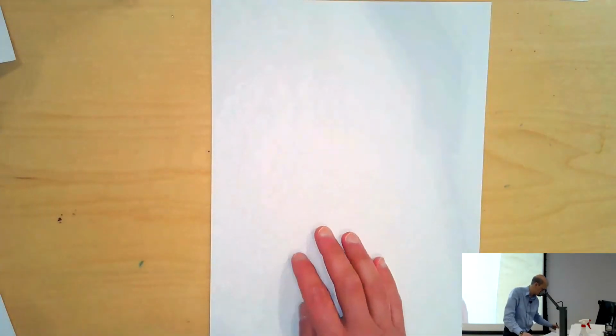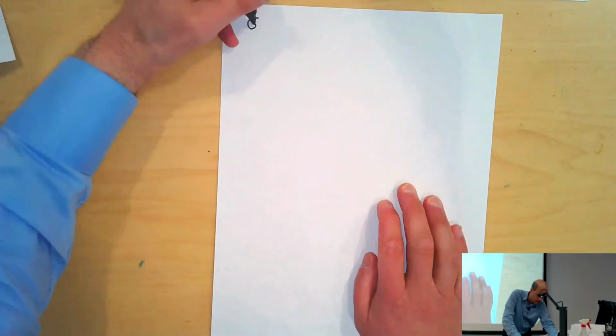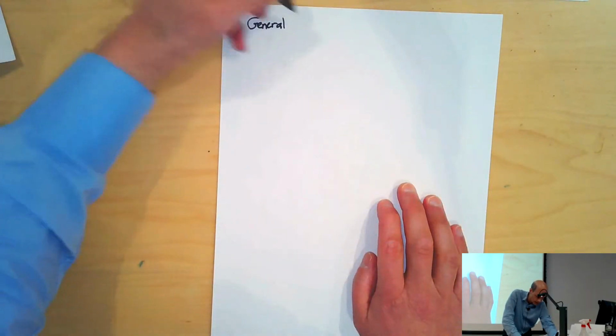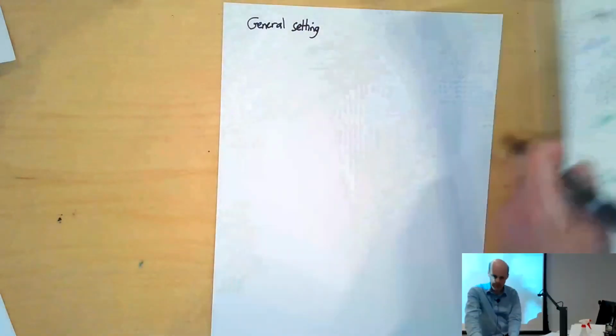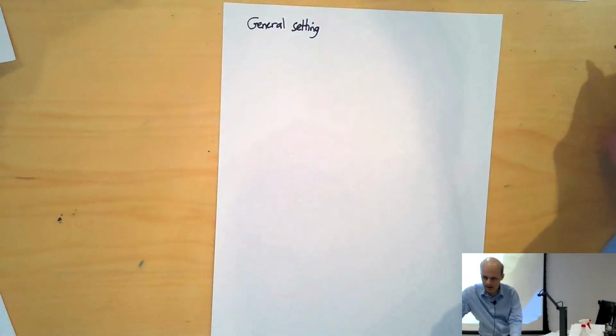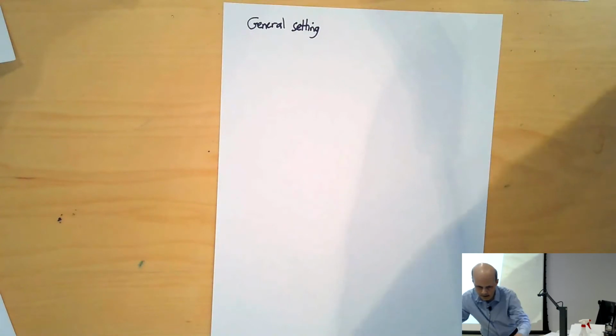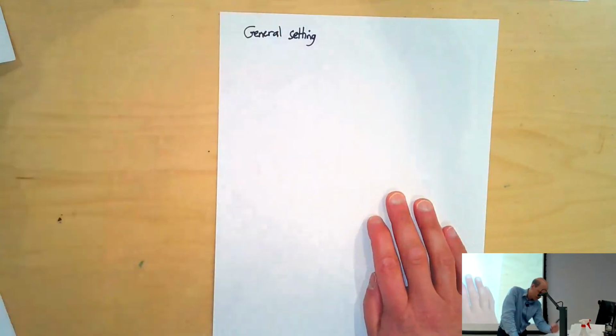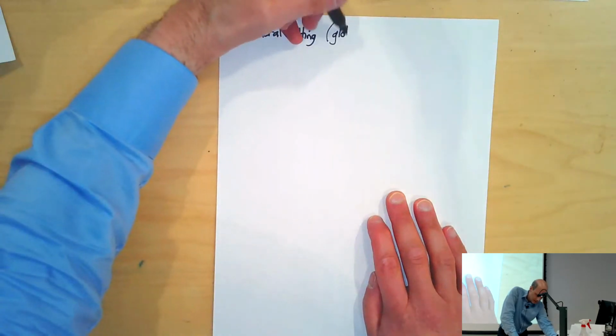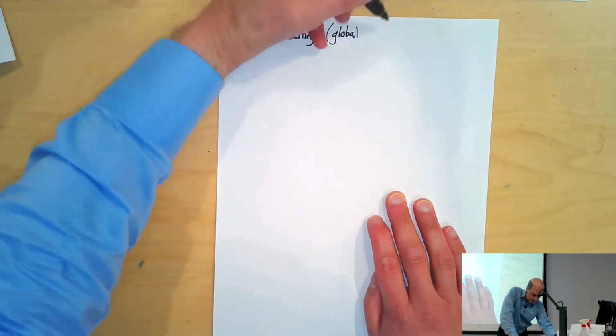So now we're talking about the general setting in the global context, a global Galois representation, because Selmer groups are global things.